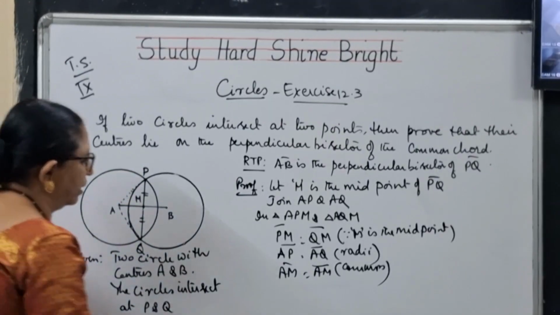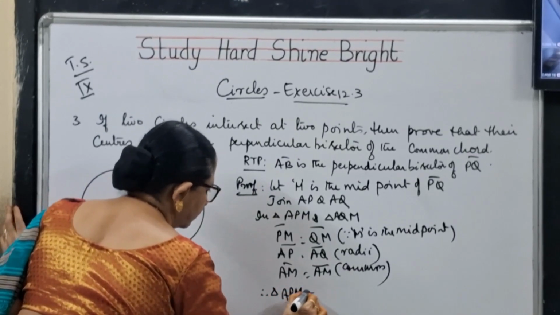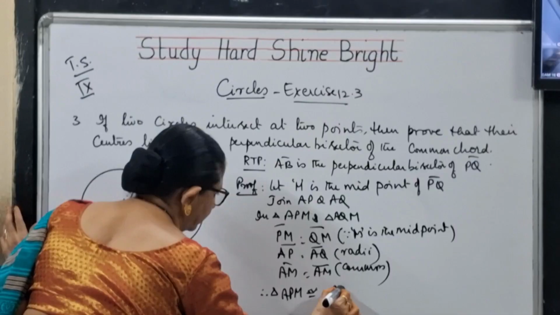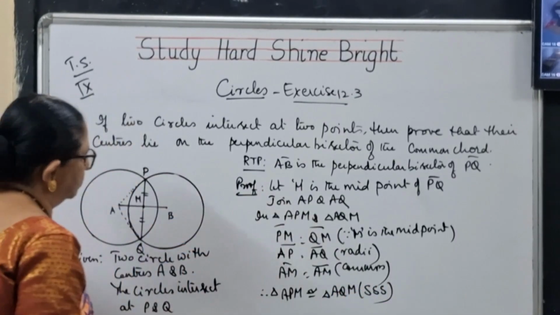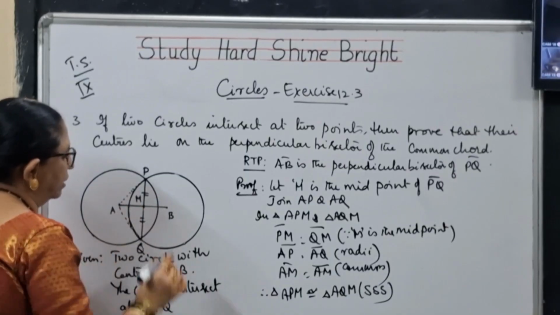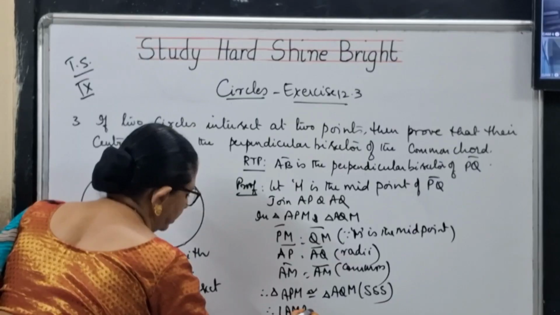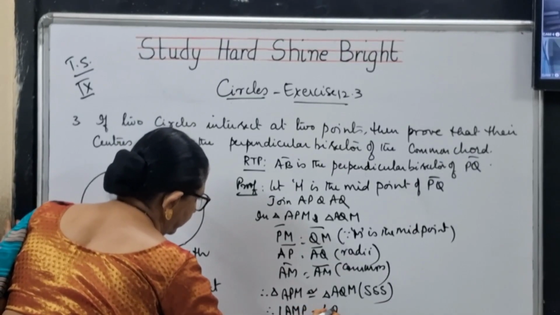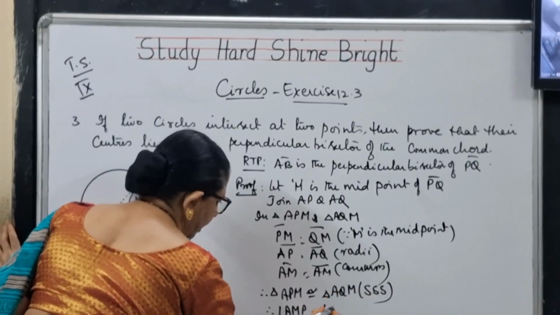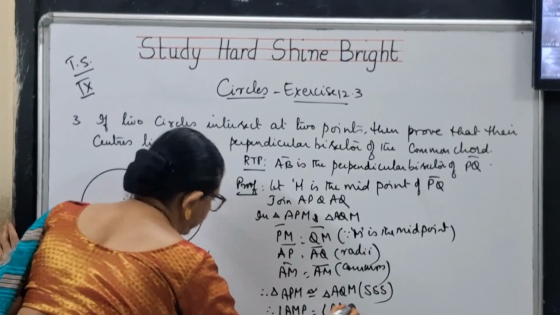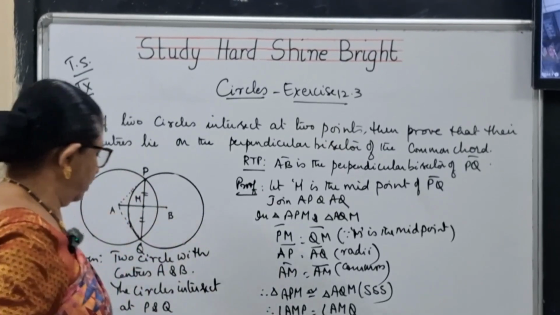Therefore, triangle APM is congruent to triangle AQM by the side property. When these two triangles are congruent, therefore, angle AMP will be equal to angle AMQ.